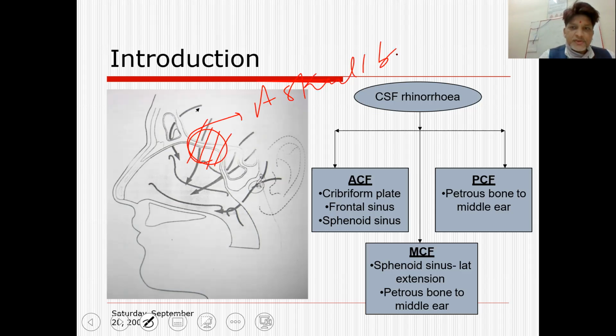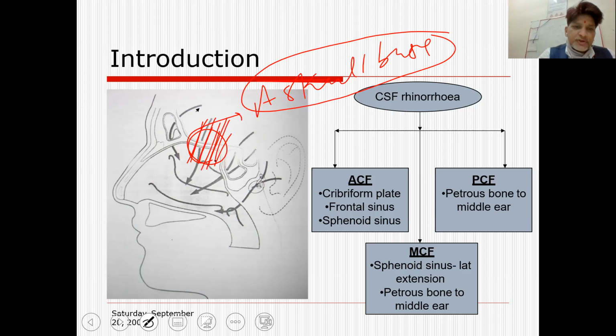The anterior skull base is weak by virtue of the presence of various olfactory filaments or nerve fibers, which take an entry from the anterior cranial fossa into the nasal cavity, into the olfactory region through this cribriform plate, having various openings into the ethmoidal roof. So this is the most comprehensive and the most common route of a CSF leak from the subarachnoid space.